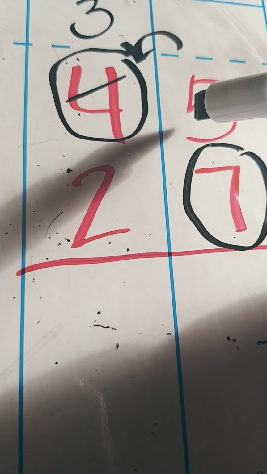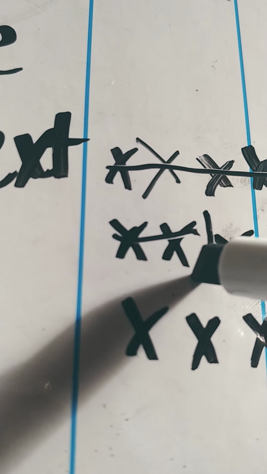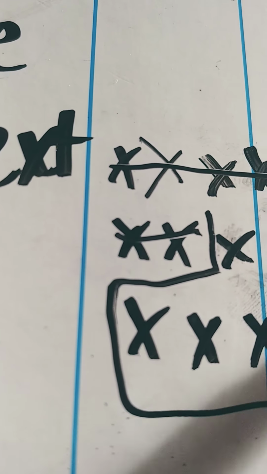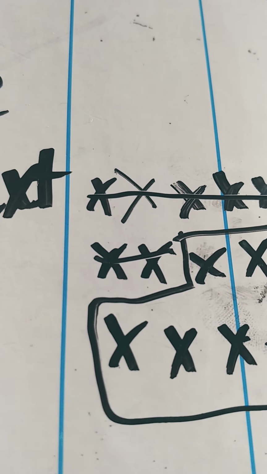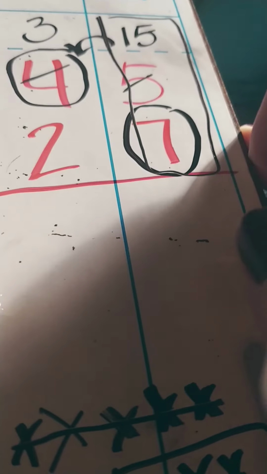There's 15, and I'm going to take away 7. So there's 5 take away, that's why I said it's easier for me, 6, 7. So now we just have to count what's left in the box. We have 1, 2, 3, 4, 5, 6, 7, 8. So 15 minus 7 is 8.